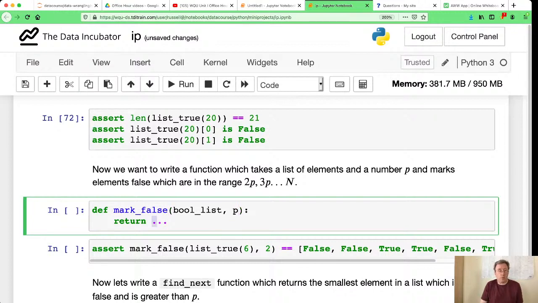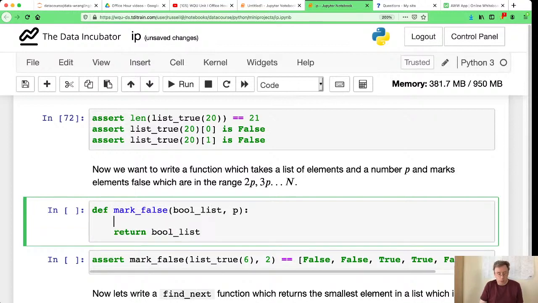Well, I'm going to return my Boolean list after I've changed it. For i in range, I'm going to start at 2p. I'm going to go up through, so I could scroll up.